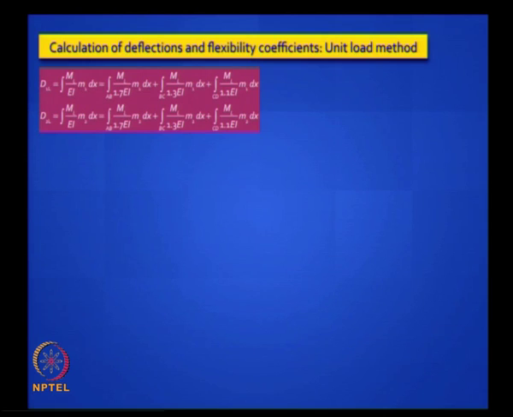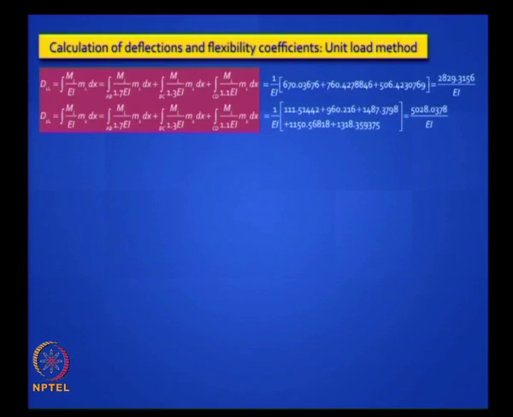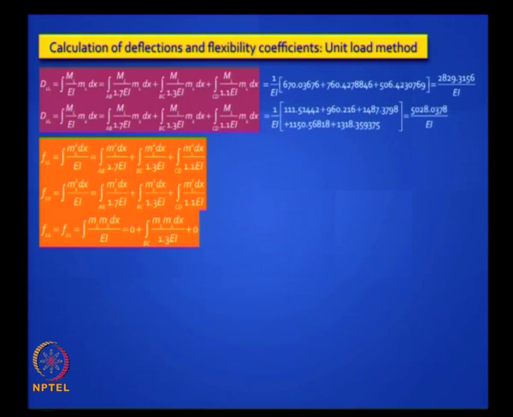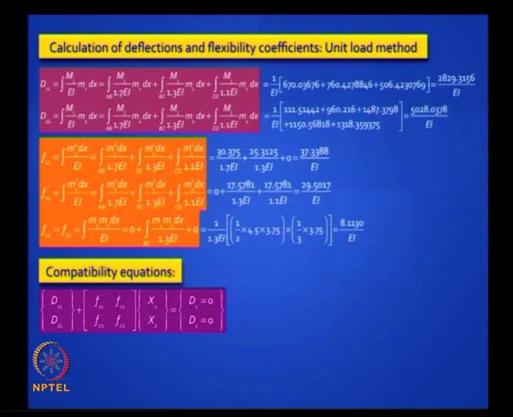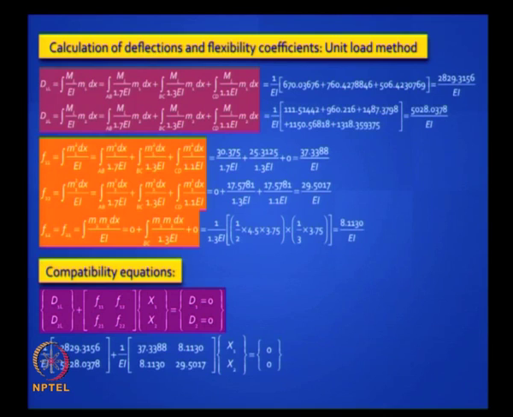For example, if you want D1L and D2L, you need to do that integration and these are the answers if you work them out. They are solved in the book, you can study it in detail. We have done this last year, so you are familiar, and you can find F11, F21 which is equal to F12, and F22. They are pretty straightforward and you can get these numbers, you plug them into the equations and these are very easy to solve in your calculator.